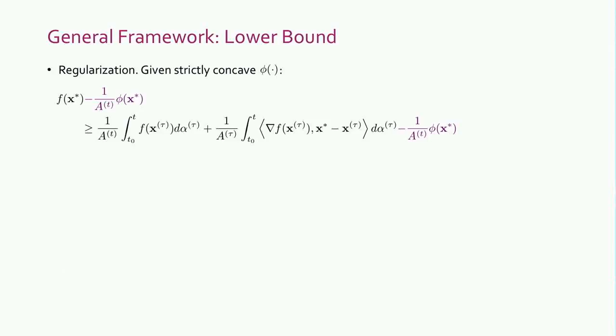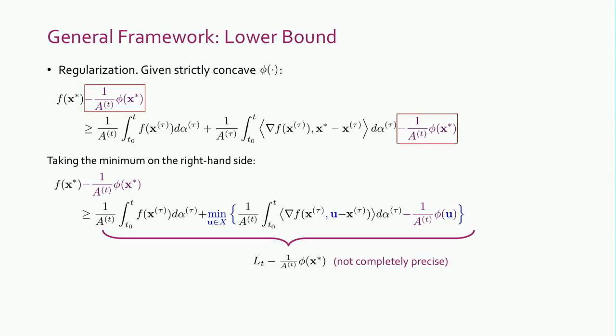Okay. The idea I believe many of you have seen is known as regularization. So let's say I have some strictly concave function phi. And what I'll do, I'll subtract 1 over a_t phi of x star from both sides.